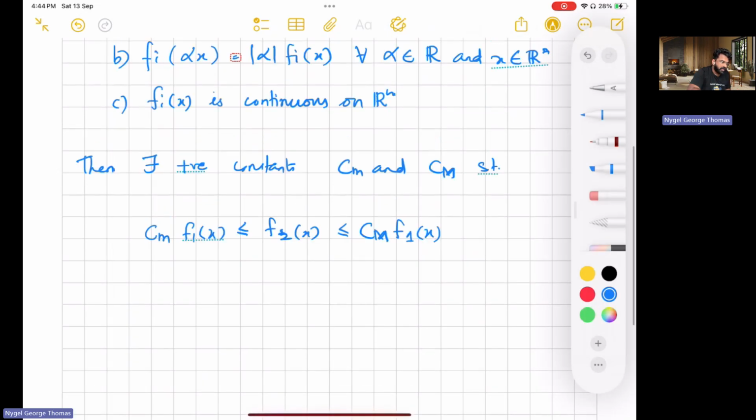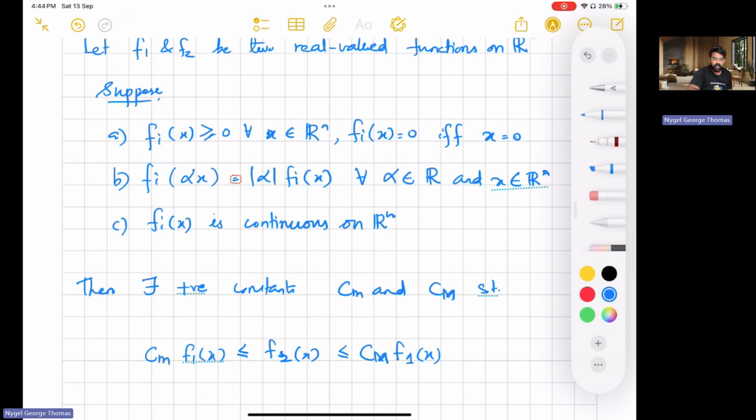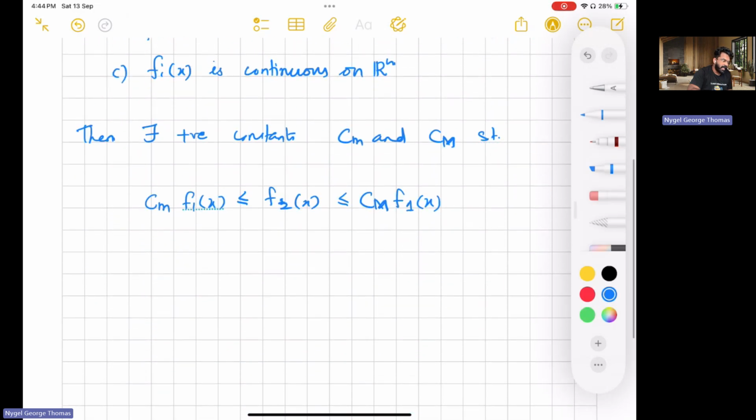So if real valued functions satisfy all these properties and x belongs to Rn, then we can sandwich the function f2 of x between a positive quantity times a lower limit and an upper limit, which is Cm times f1 of x and capital M times f1 of x, for all x belonging to Rn. So how do we prove this? Let's look at the proof of this.